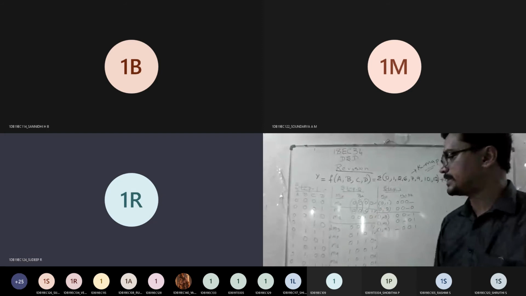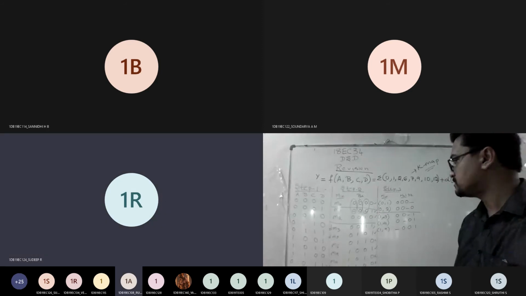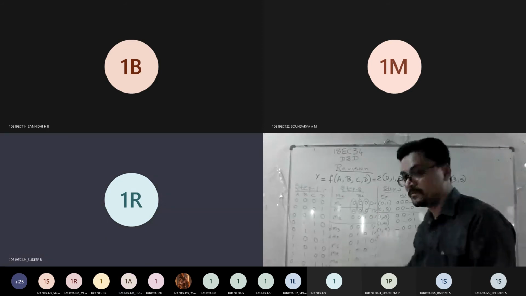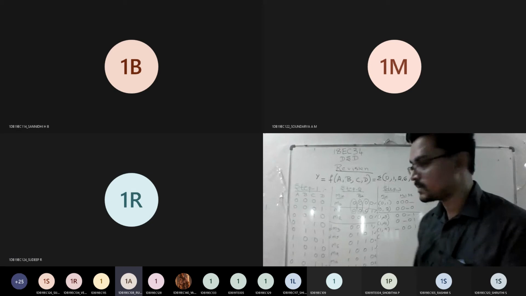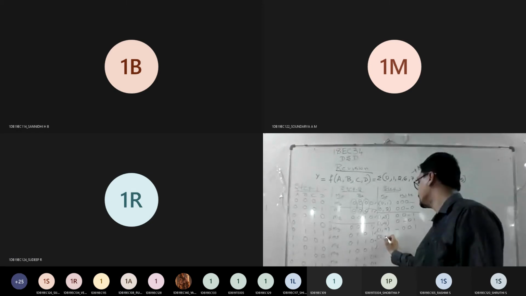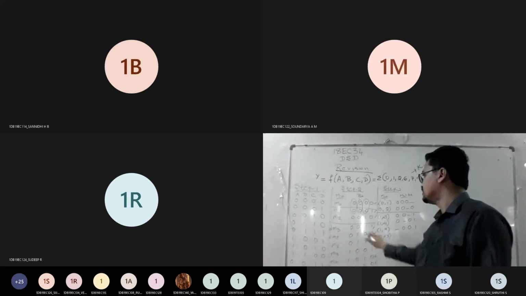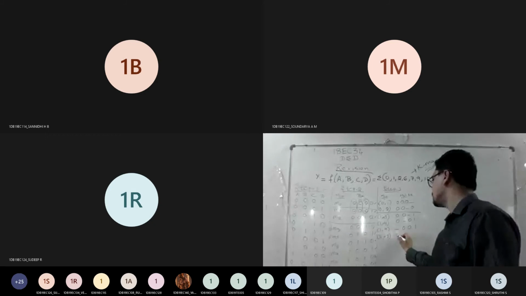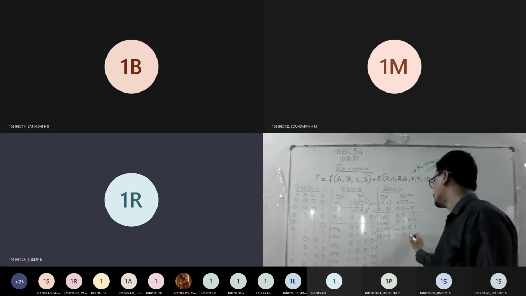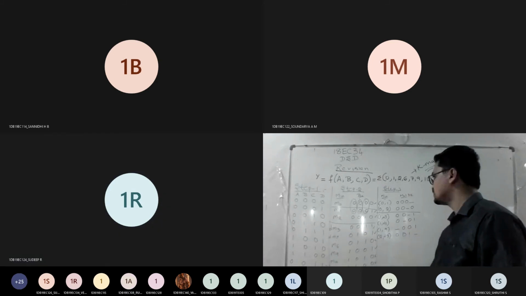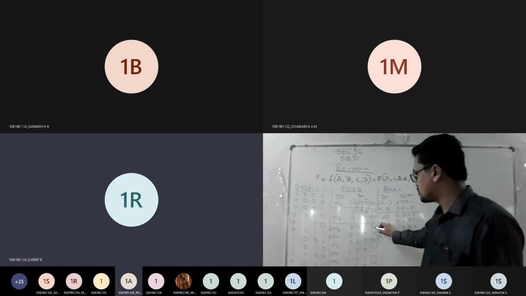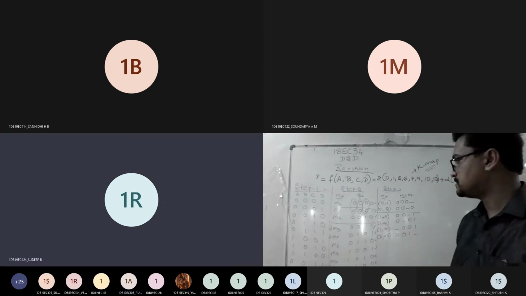Next 2 with 3. Is it matching? 2 and 3, yeah. So just check out 0, 0, 1, 1 with dash, dash. Agree? So this is also done. Next, 2 with 5.